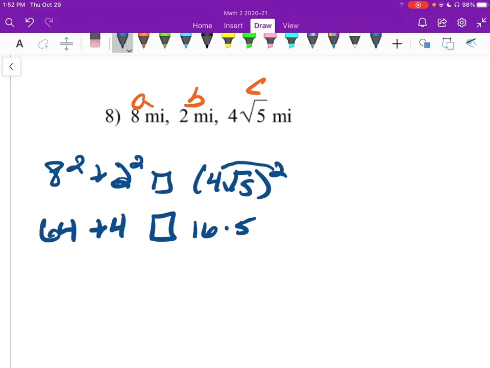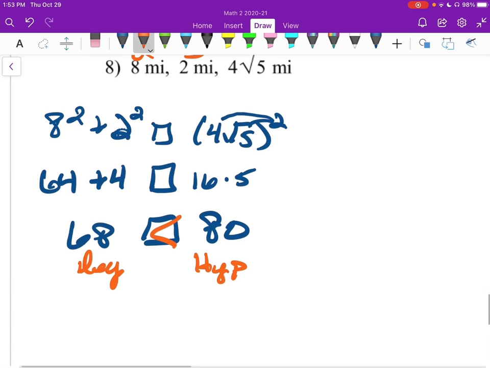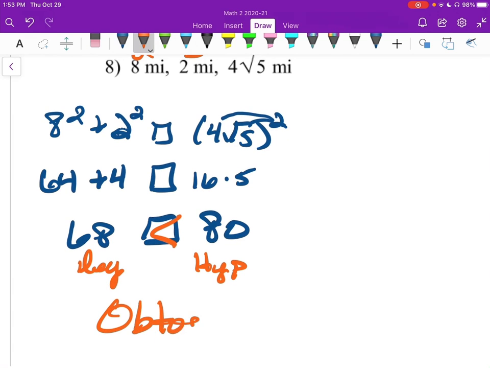Because this 2 distributes to both pieces. So this is going to be 68, box 80. It's less than. And again, so the hypotenuse is bigger than the leg, so it's obtuse.